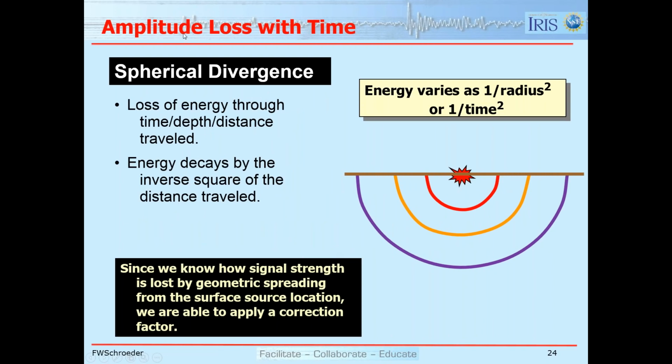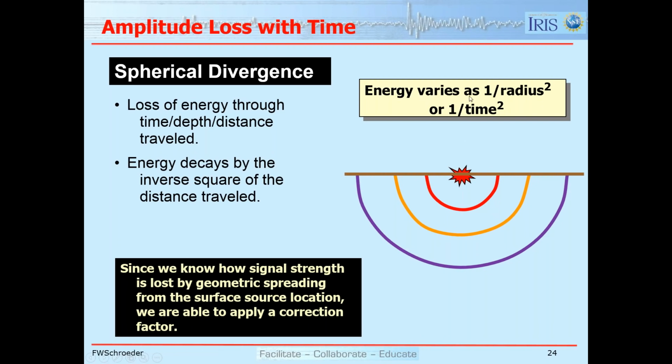First, that we can consider is the amplitude loss as a function of two-way time or distance. So if I have an explosion where the red symbol is shown, with time, that energy will spread out spherically, and energy along the red band versus the yellow band versus the purple band will become more and more dilute as the area over which the energy is spread increases.